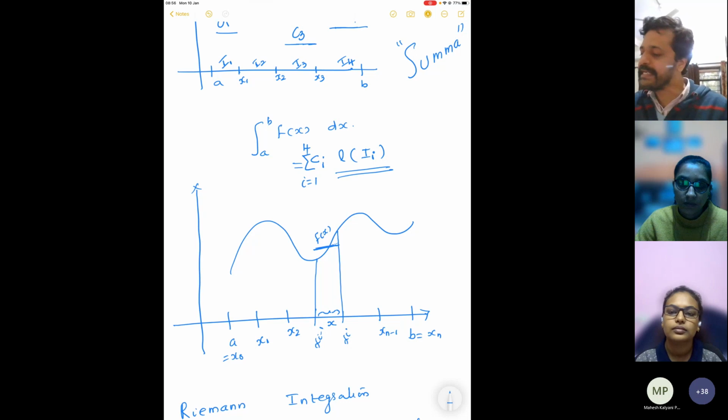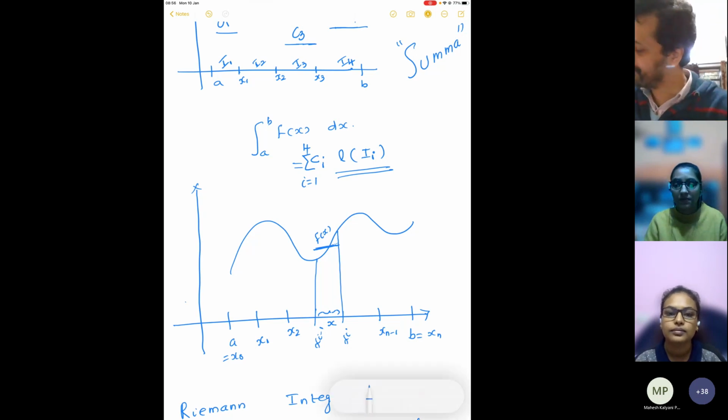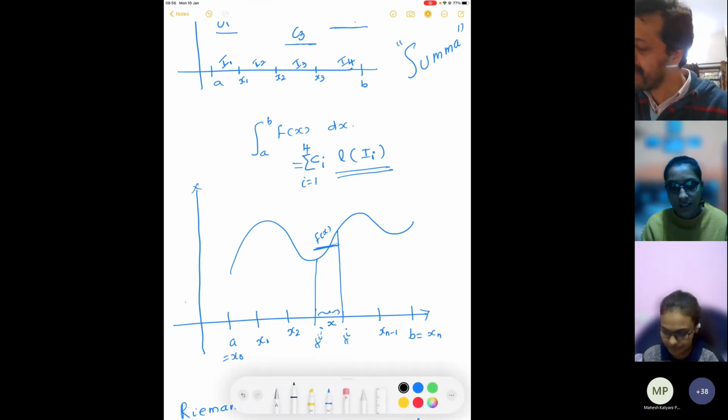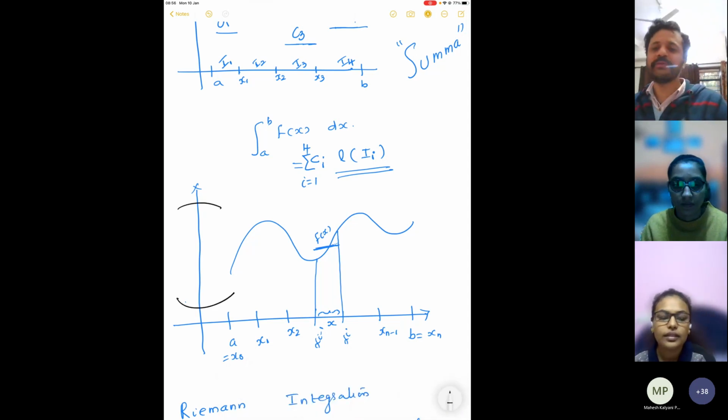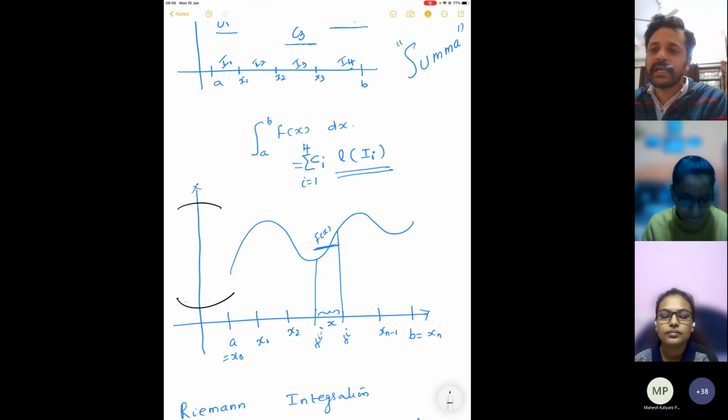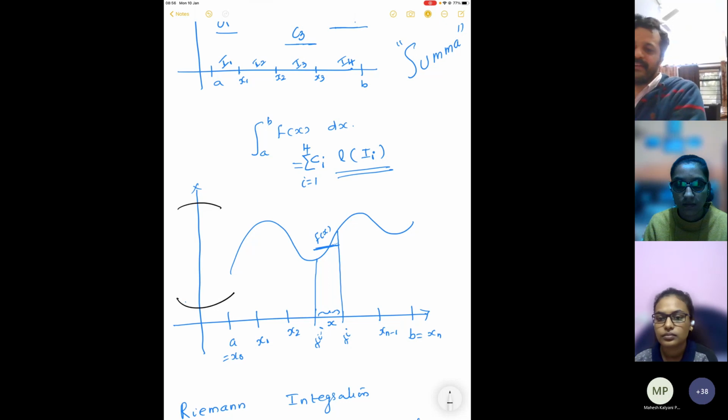That means instead of dividing the domain, you have to divide the values, right? That means you have to divide the range. You have to divide the range and look at those parts where f of x has the same value, right? And then come to the domain and count. And this is Lebesgue's idea of integration.